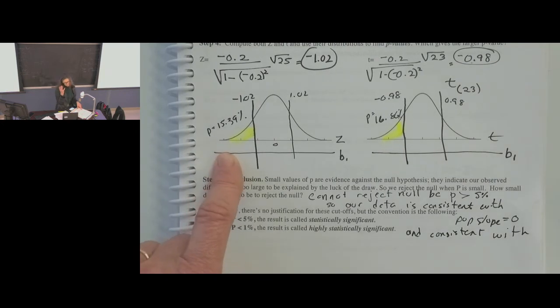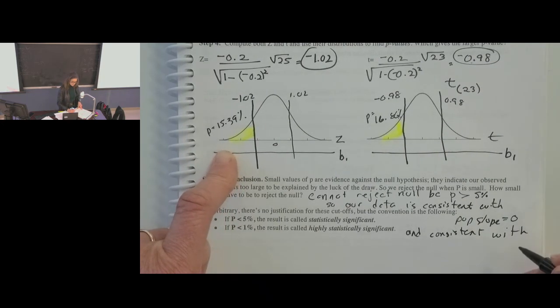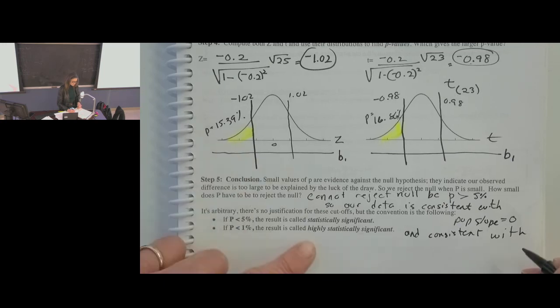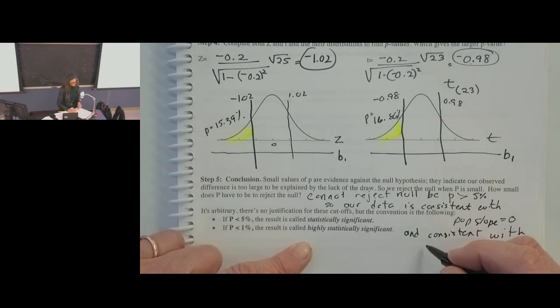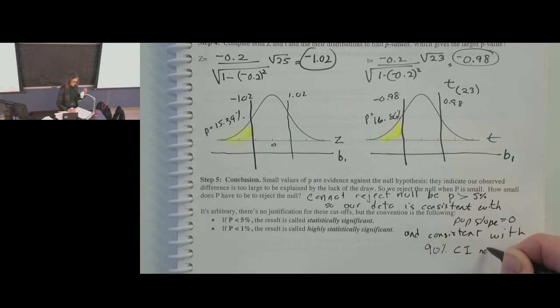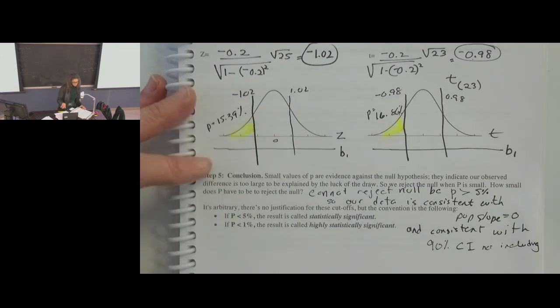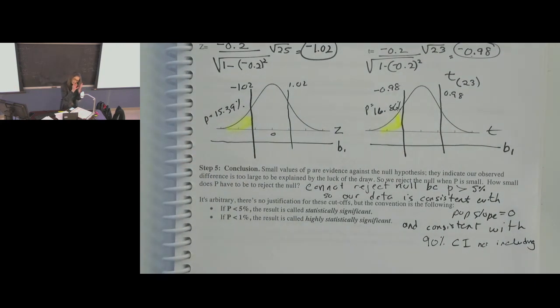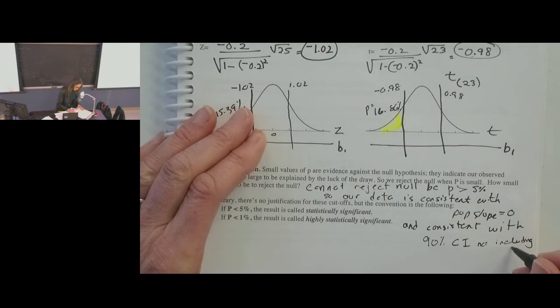Now this is a one-sided test, so it's 5% in one tail, and it would be consistent with the 90% confidence interval not including 0. Well, if our 95 didn't include 0, our 90 is not going to either.